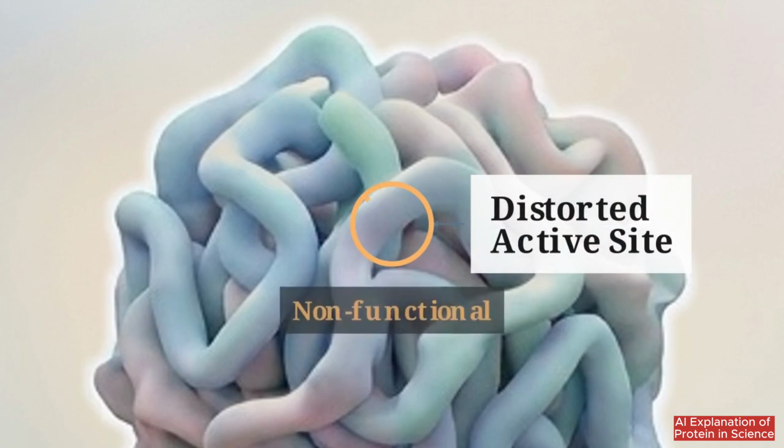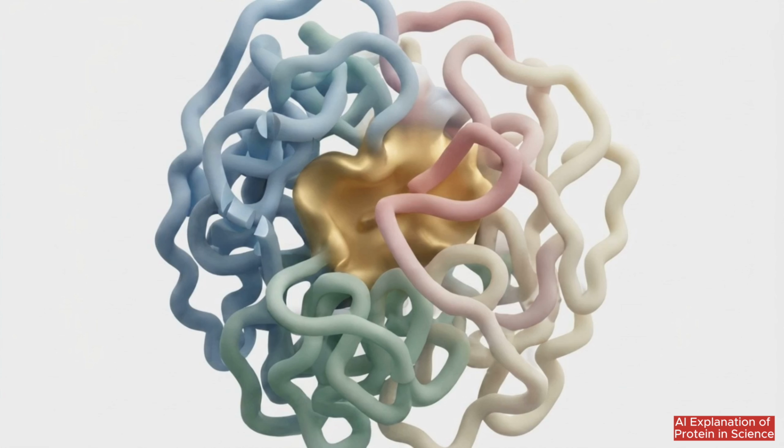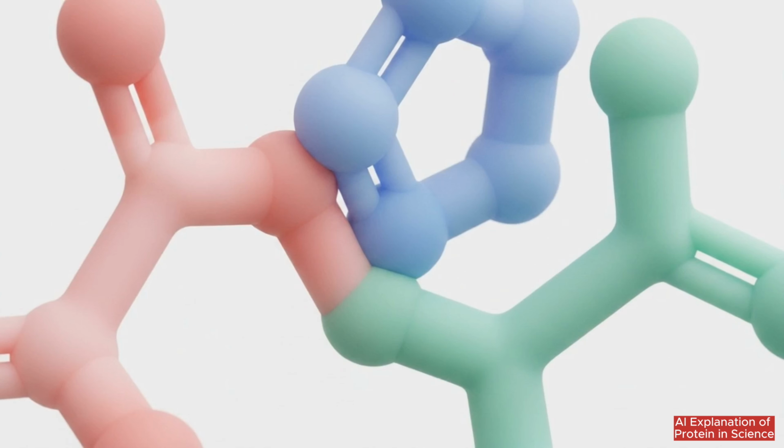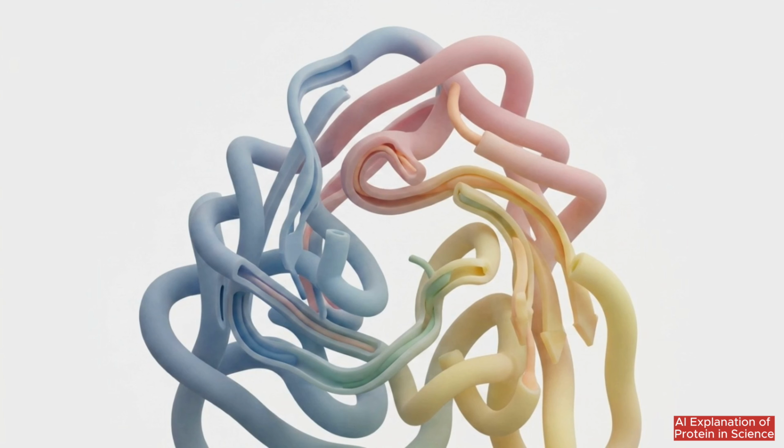In this state, the active site is distorted and non-functional. It only reaches its billion-fold potential after an irreversible proteolytic cleavage in the intestine snaps the catalytic triad into its final, lethal alignment. In the architecture of life, extreme catalytic power must be balanced by absolute regulatory control.